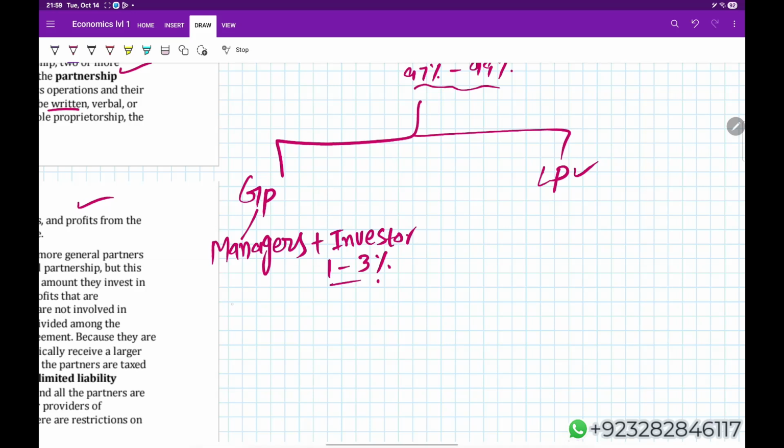From the liability point of view, general partners have unlimited liability. So all the debt of this limited liability partnership business, general partners are fully responsible for that. But limited partners are the core investors, or only the investors. They do not have any responsibility regarding the management or the running of the businesses.